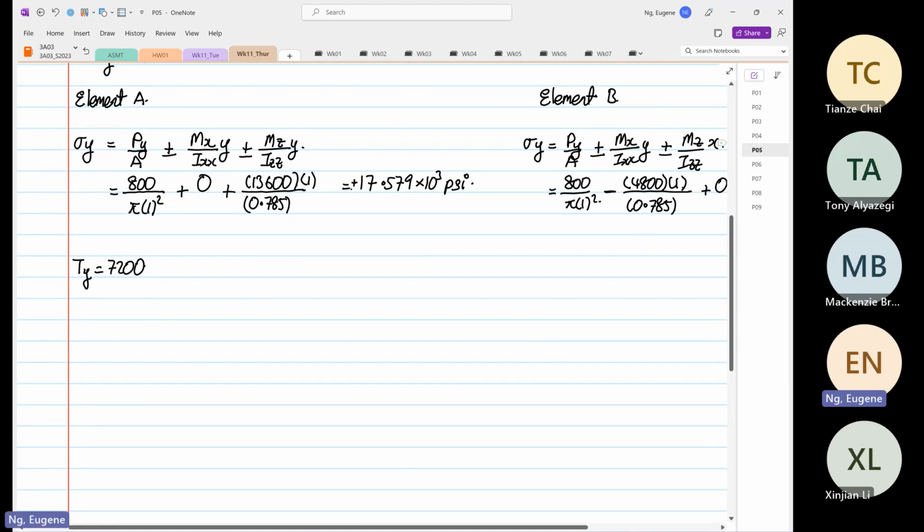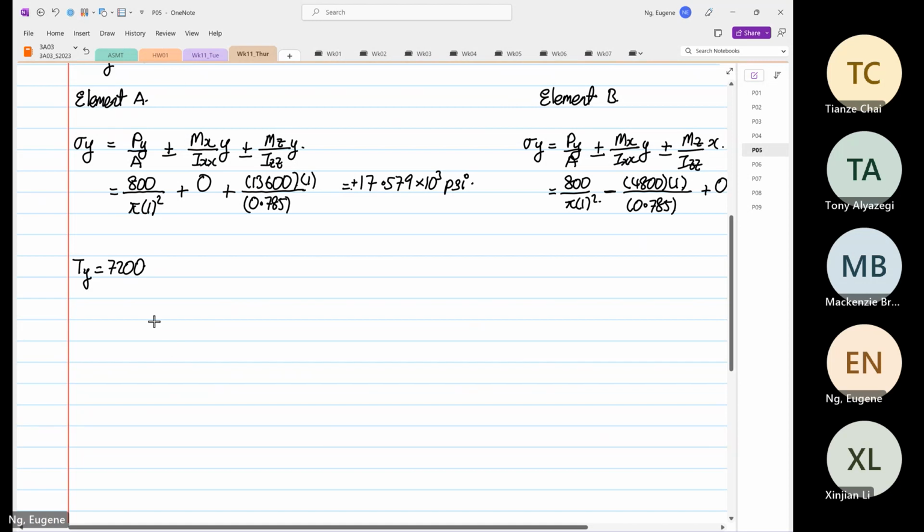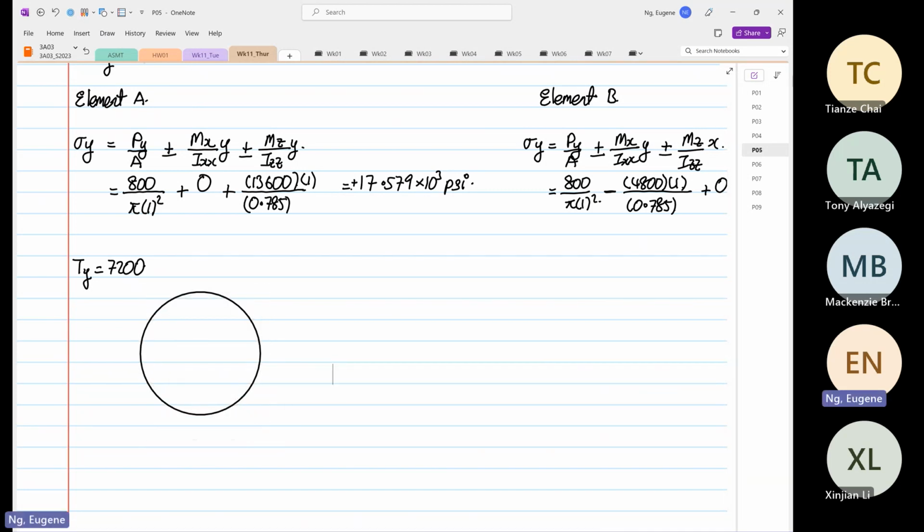If I were to sketch element A and B, the first thing I want you to do is to identify the torque direction.